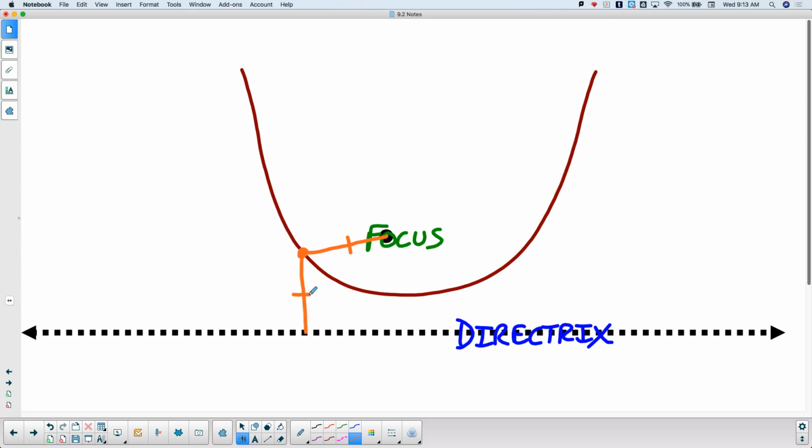For any point on the parabola, those two distances are the same. Okay? So if I'm way up here with it, this distance is the same as that distance. Those two distances are the same.